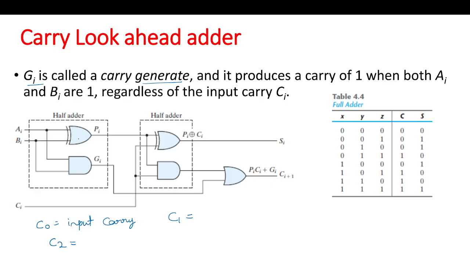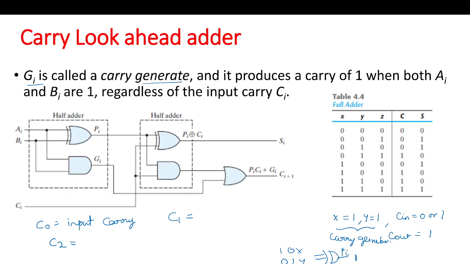So here if you observe, when x is equal to 1 and y is equal to 1, carry in can be 0 or 1, carry out is going to be 1. So this is going to generate the carry anyway. So this we will call carry generate. And the propagate is when x and y are going to be 0 1 or 1 0, this is going to be 1.